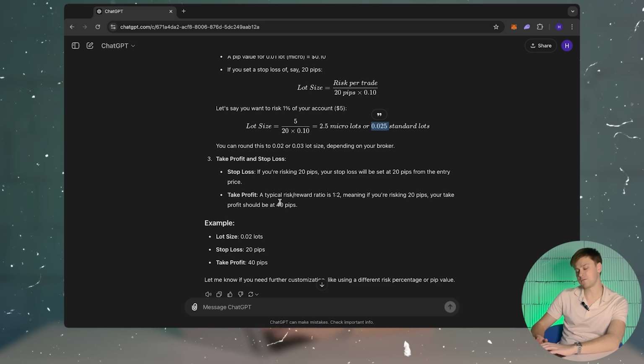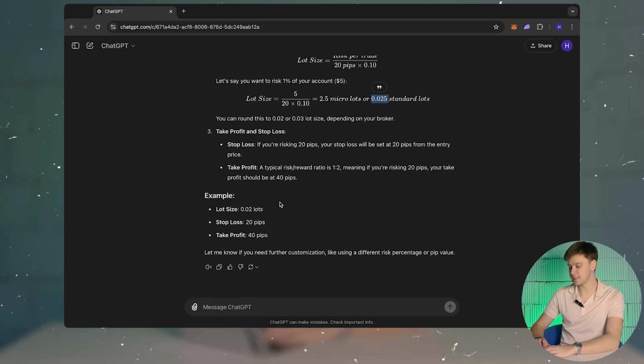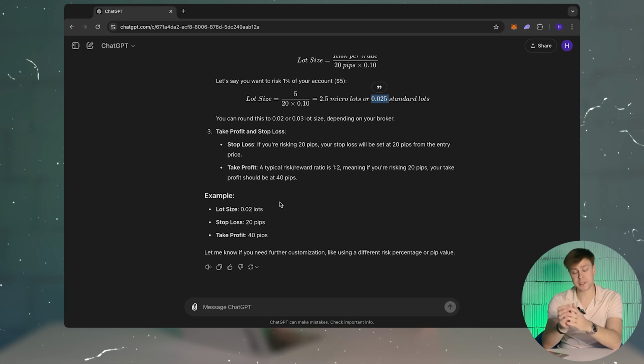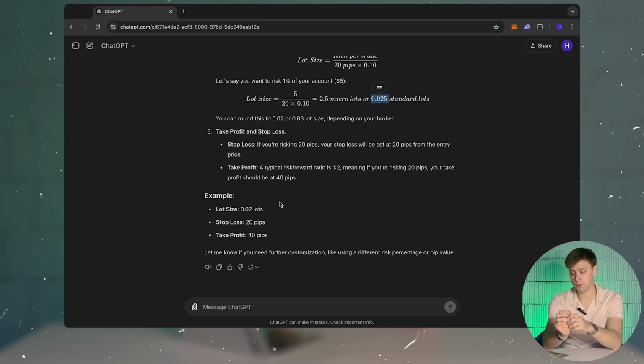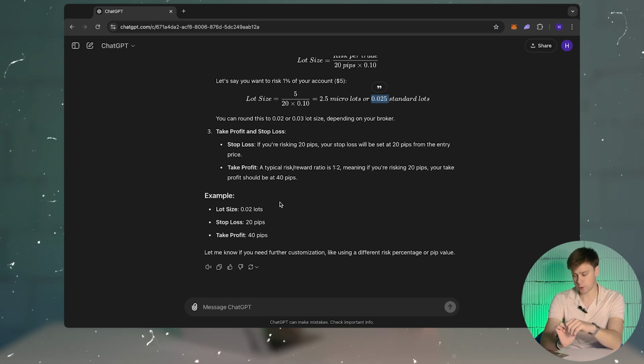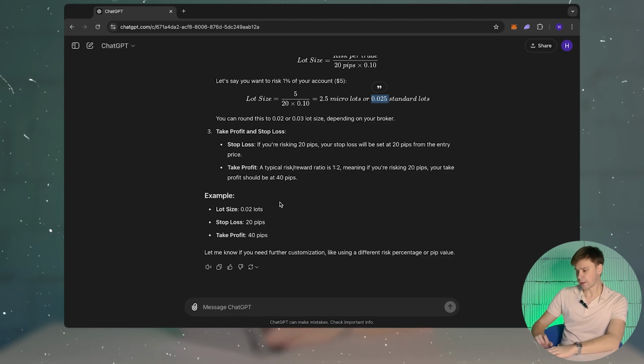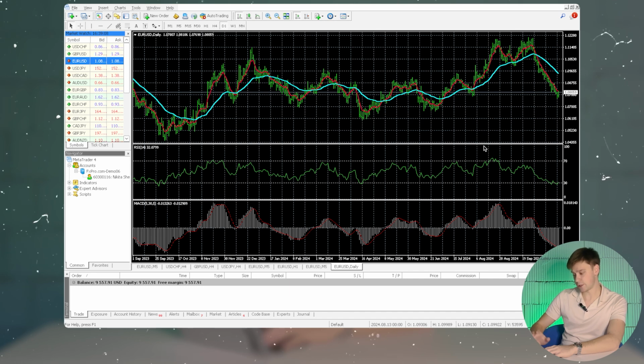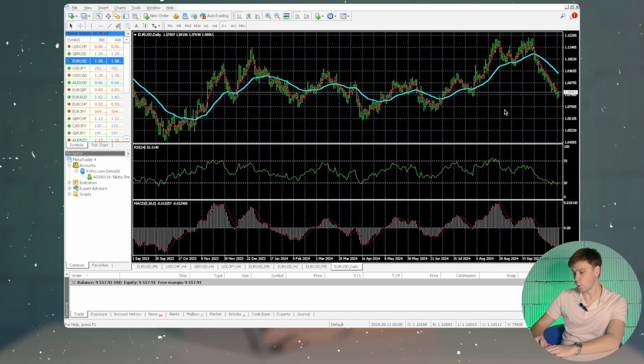You can exceed it even to 60 or 80 pips. Now, as we already know from ChatGPT and as we have proved with you, we are in a bearish market. Going back to our MetaTrader 4, we have all our indicators that are indicating a bearish market movement. We will open a sell trade.